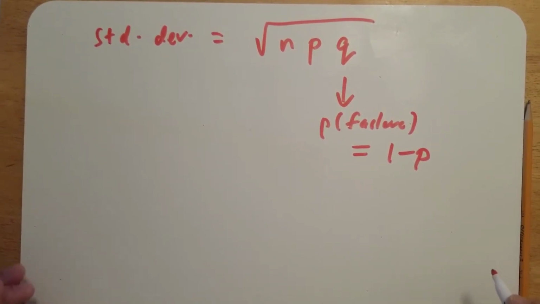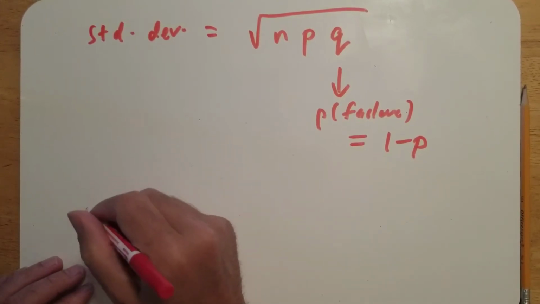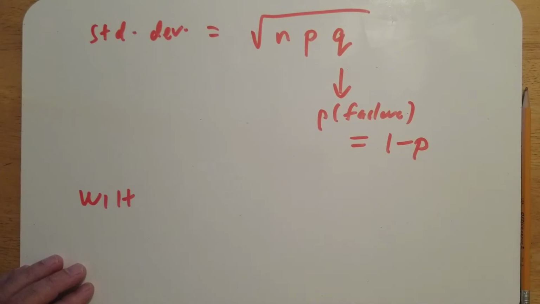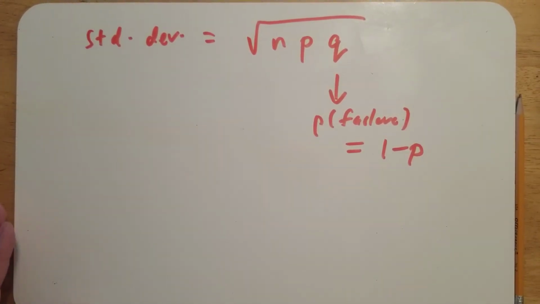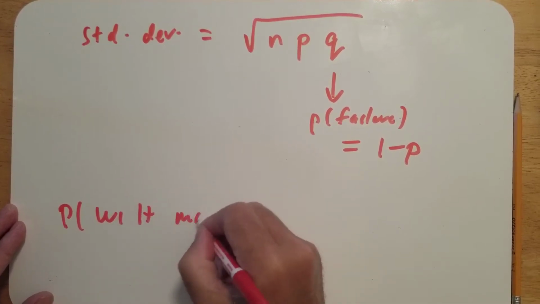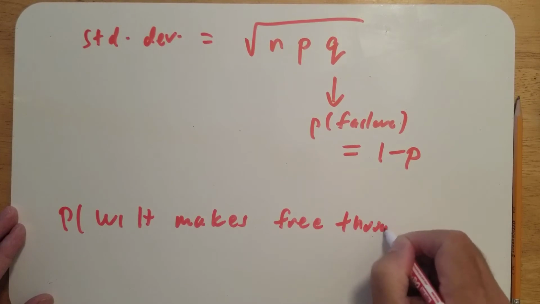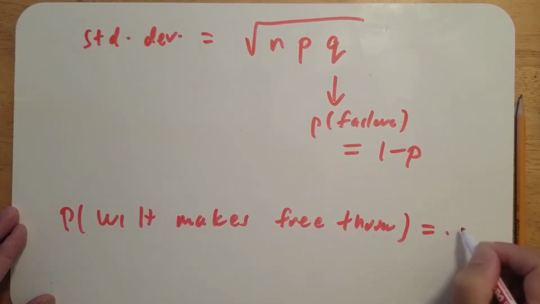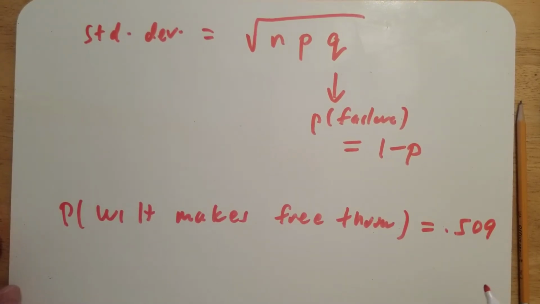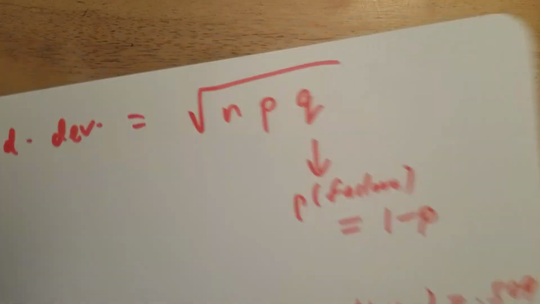So just to do an example of this, let's go back to Wilt. Let me go back to Wilt's probability. The probability Wilt makes a free throw is equal to 0.509. So let's find the mean and standard deviation if he makes 32 free throw attempts.